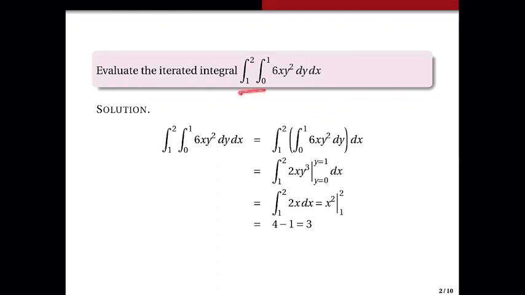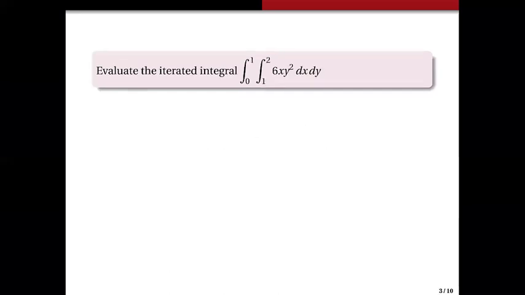Here, we have integral from 1 to 2, integral from 0 to 1, 6xy squared dy dx. For this next example, I'll interchange the two expressions. So we will have the integral from 0 to 1, integral from 1 to 2, 6xy squared dx dy.